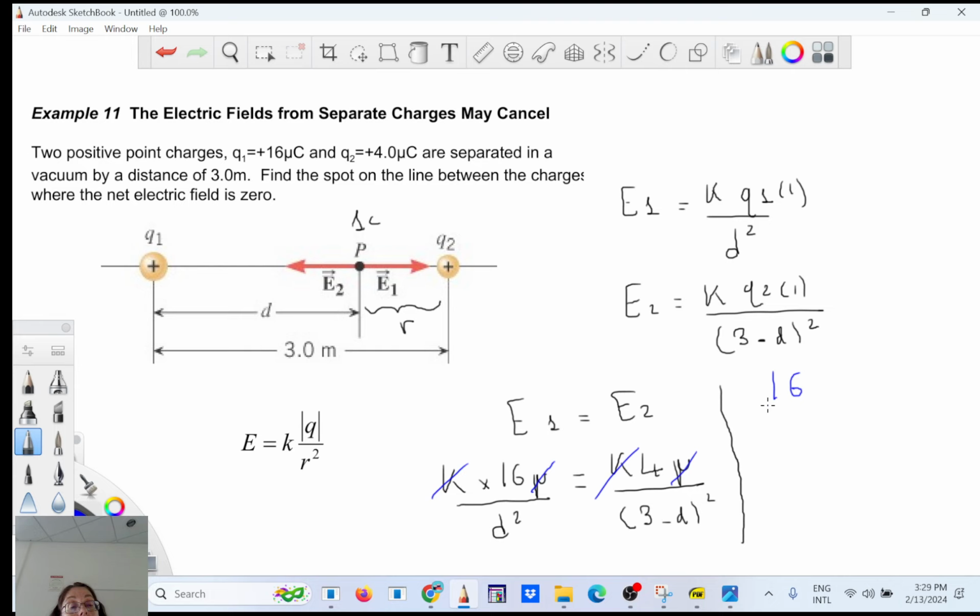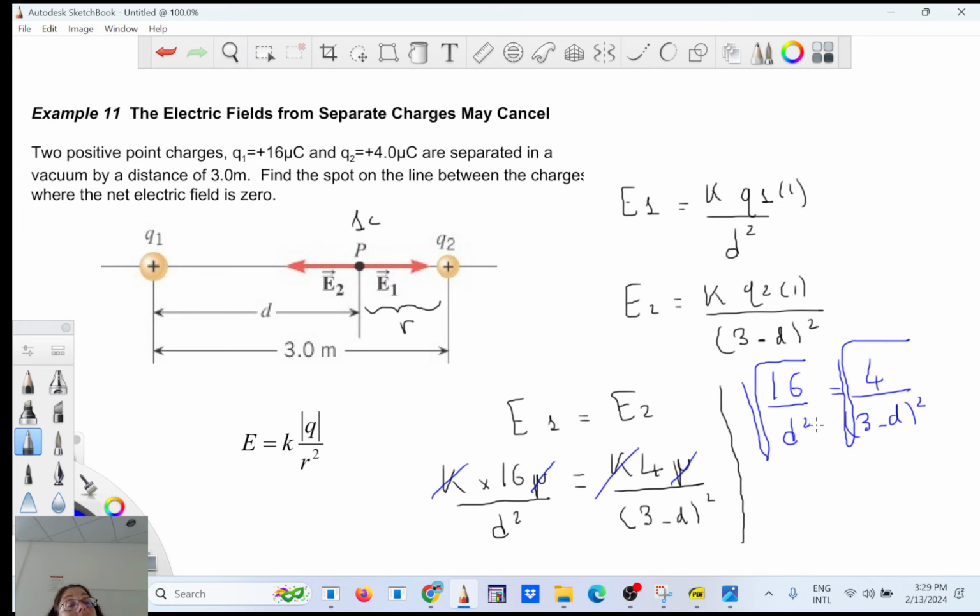Yes, you can divide both sides by 4, but you see that there is a square. Yeah, you can divide both sides by 4. And then what can we do on both sides? You take the square root.